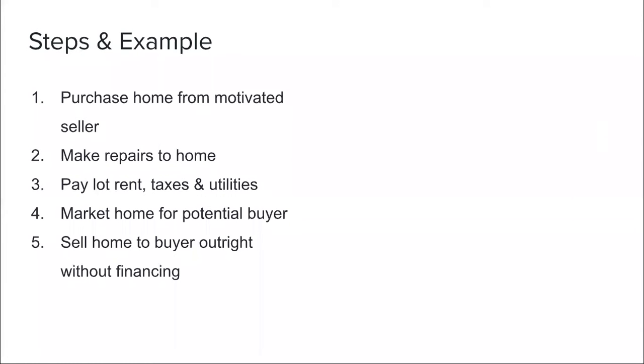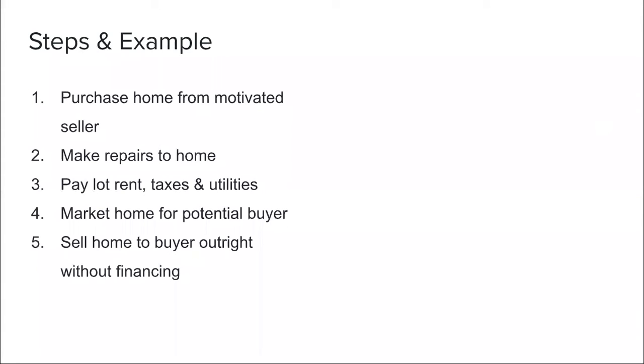So the steps and an example. We're going to go over the steps first. So let's keep this very, very simple. When you're dealing with a cash deal, the first thing you're doing, you're purchasing a home from a motivated seller. The second thing you're going to be doing is making any type of repairs to the home. And then you're also going to pay any lot rent, taxes, and utilities.